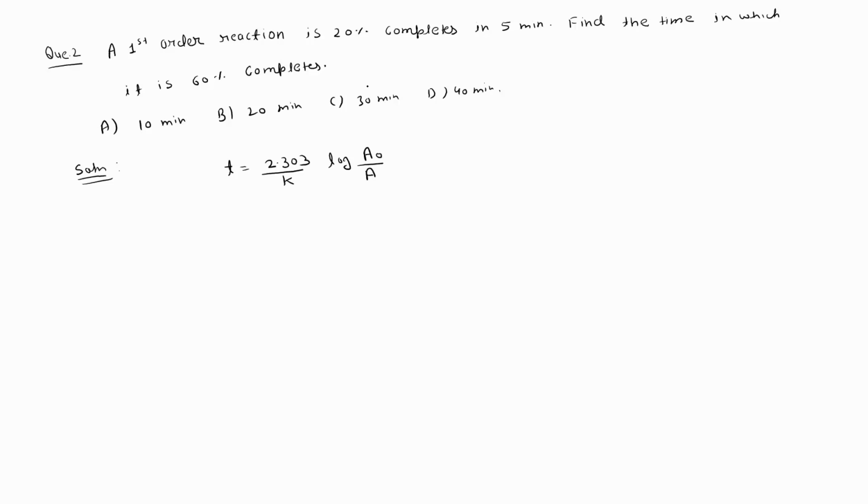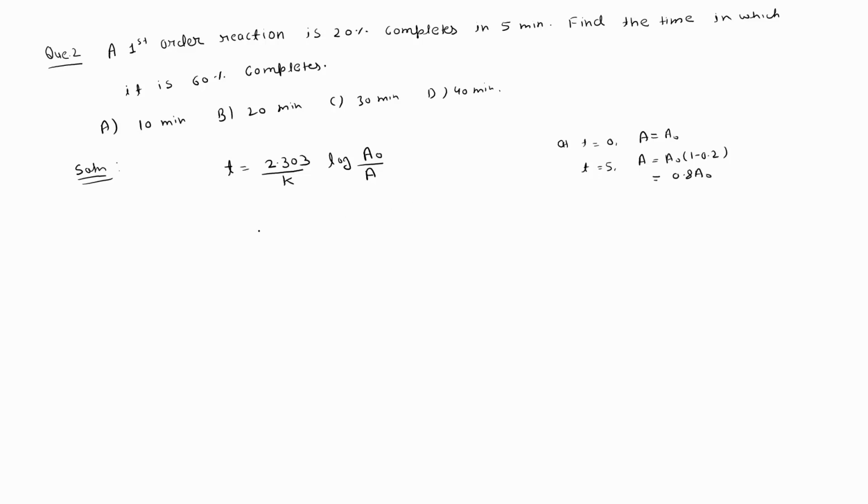So 20% complete means at t equal to 0, it is a naught, and at t equal to 5, 20% of a naught is converted into product. So how much will be left? 0.8 a naught.